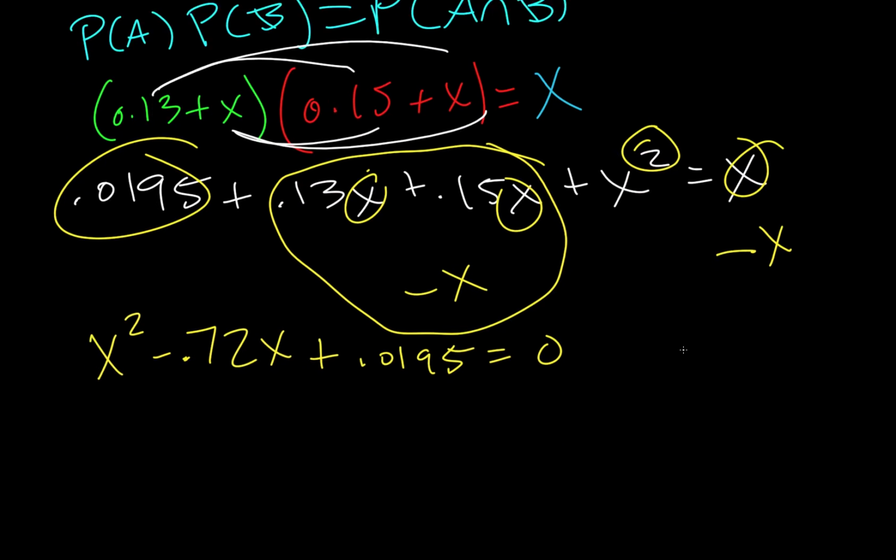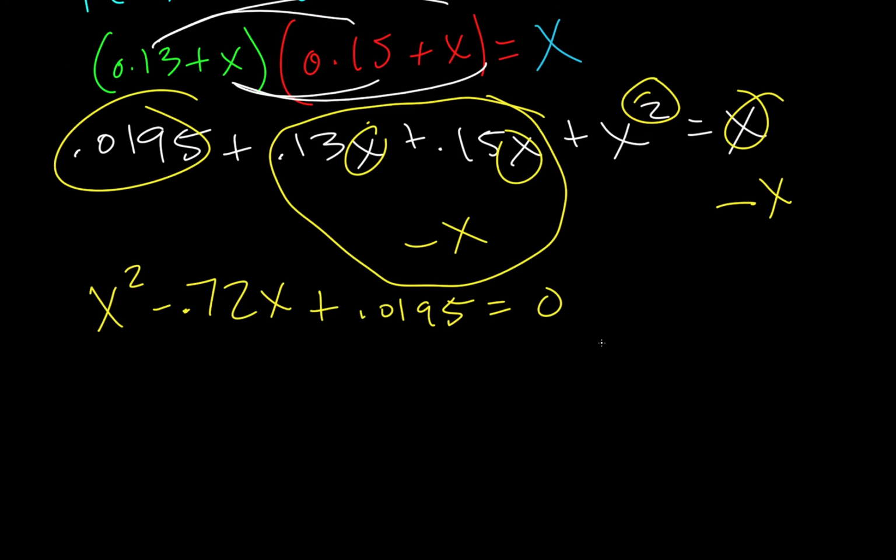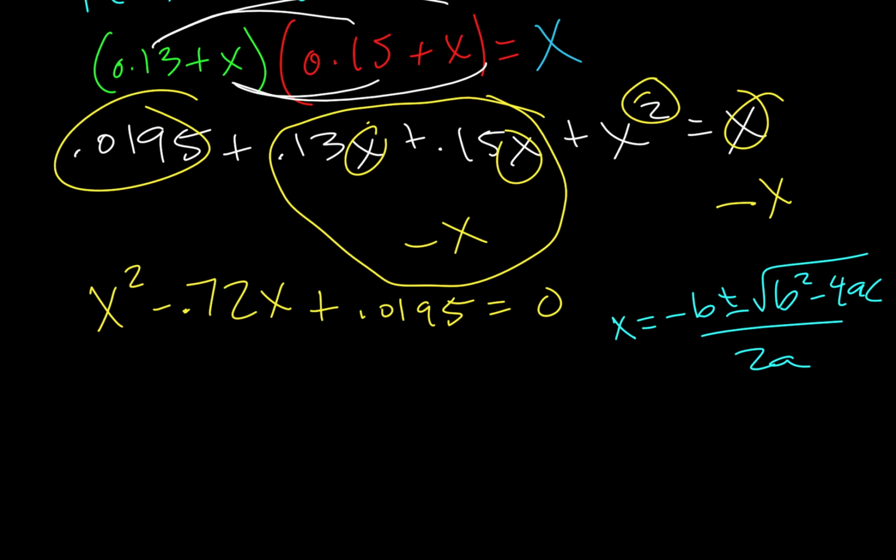Alright, now we're going to pull out the quadratic formula, which is x equals negative b plus or minus the square root of b squared minus 4ac, all over 2a. And so we plug in, our a is 1, b is negative 0.72, and c is 0.0195.